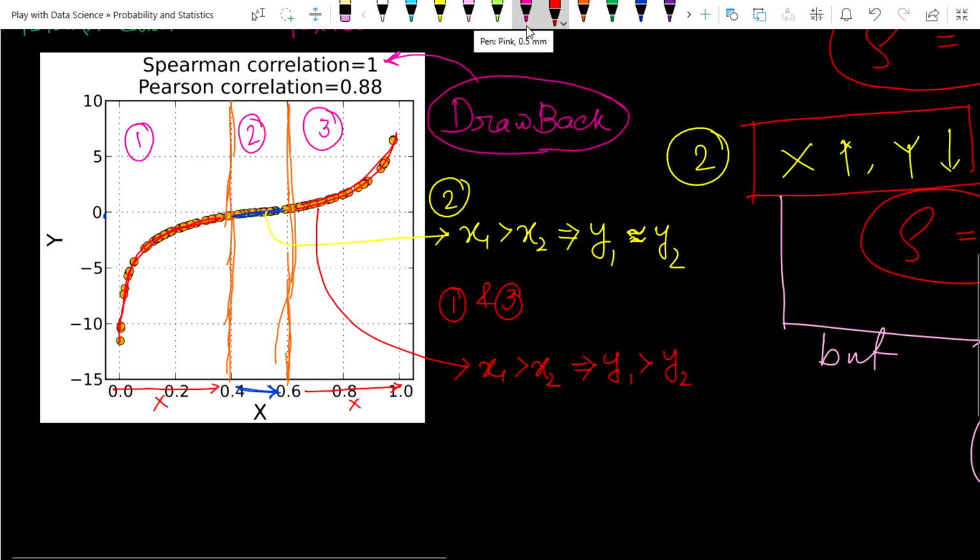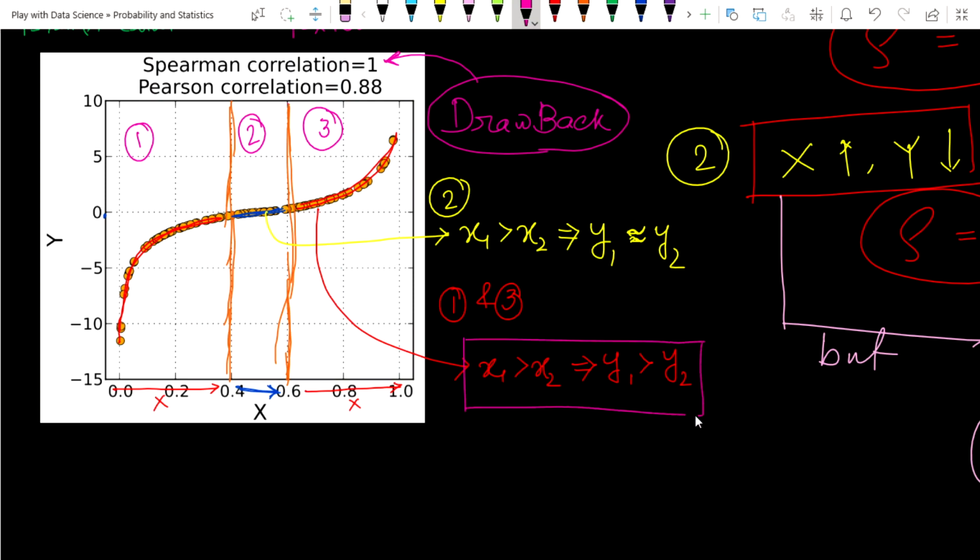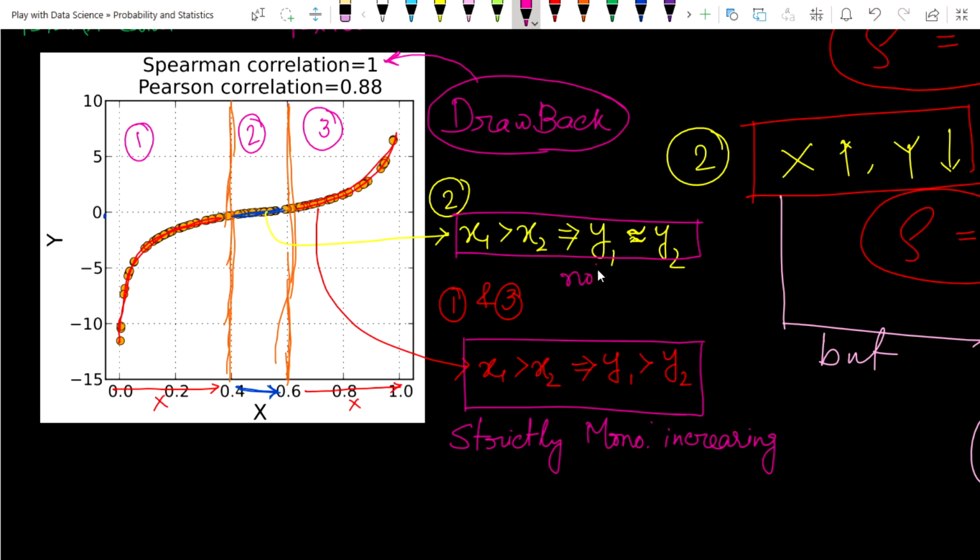If you see regions 1 and 3, in these regions the curve is strictly monotonically increasing. But in region 2, it is not monotonically increasing.